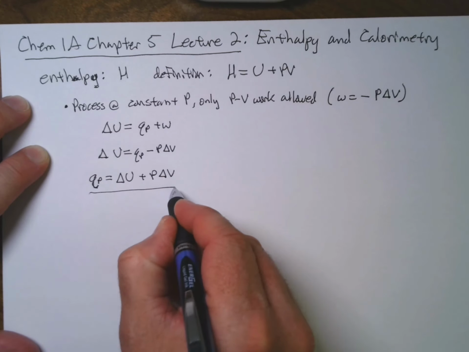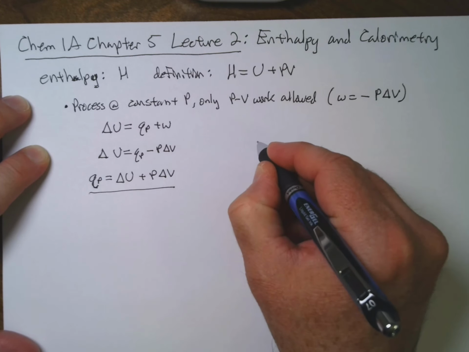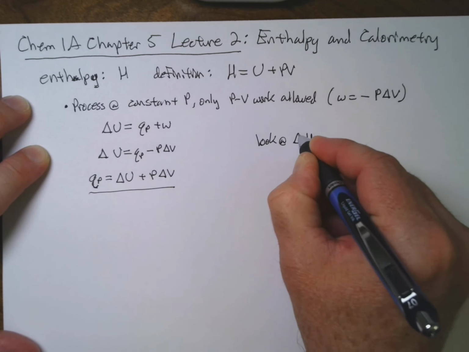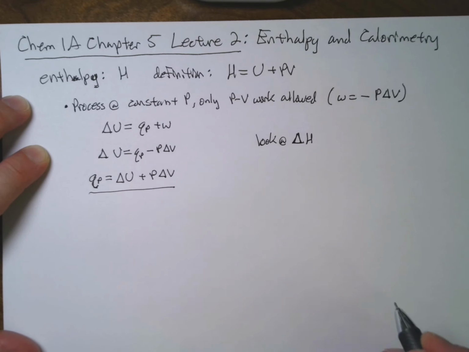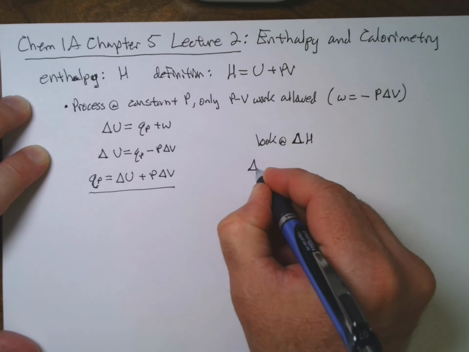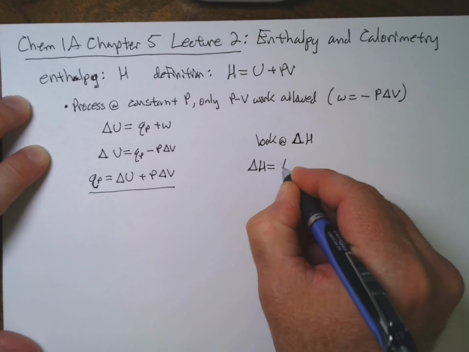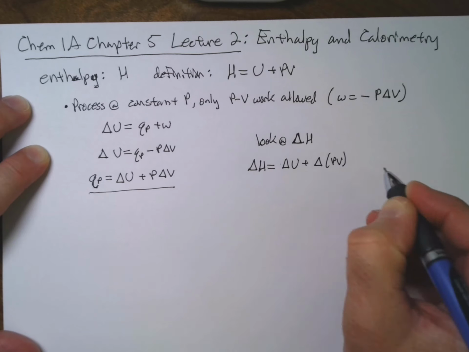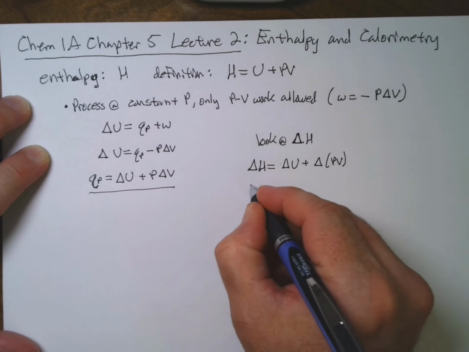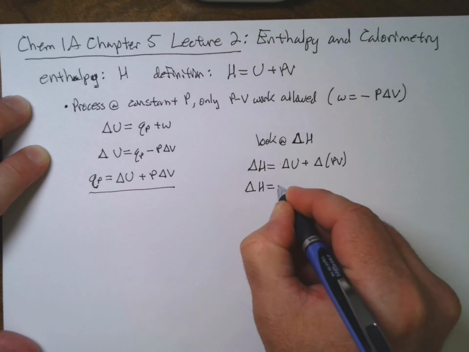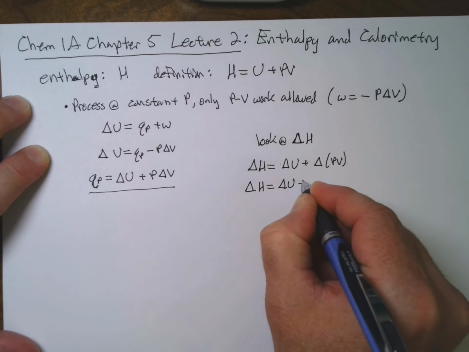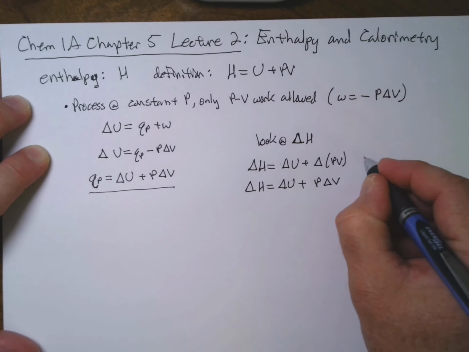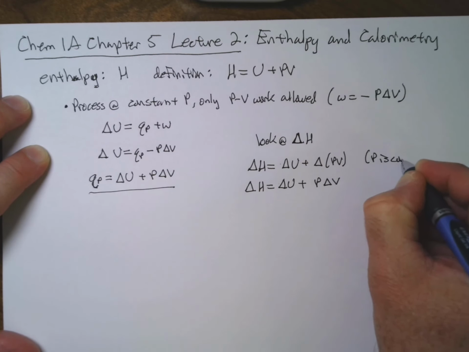Now, let's look at the change in enthalpy. So delta H equals delta U plus delta PV. But pressure is constant, so really we have delta H equals delta U plus P delta V. Because remember, P is constant.